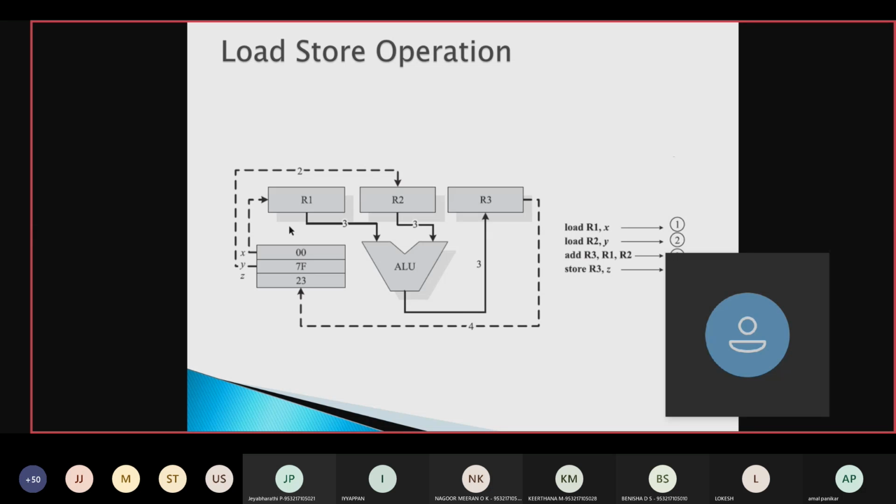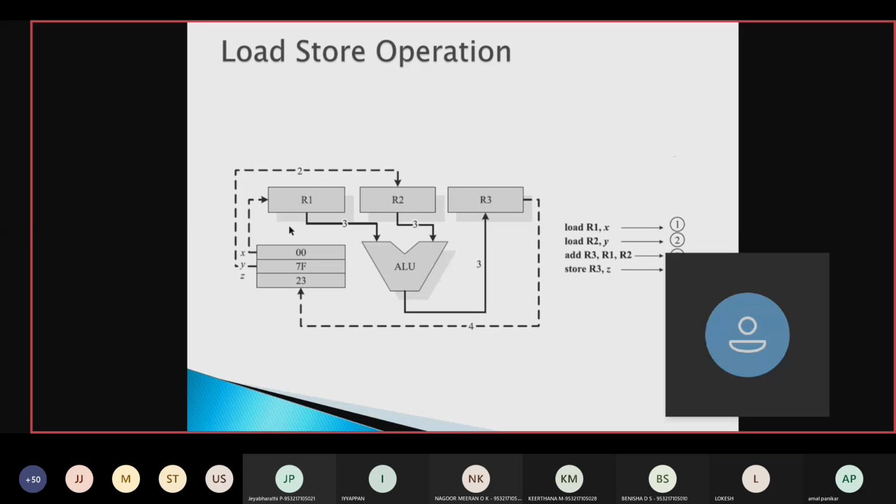Next, add R3, R1, R2: add R1 and R2, and the result is loaded into R3. After that, store R3, Z. Whatever result we get in R3 is going to be stored into the memory location. That's called load store architecture.